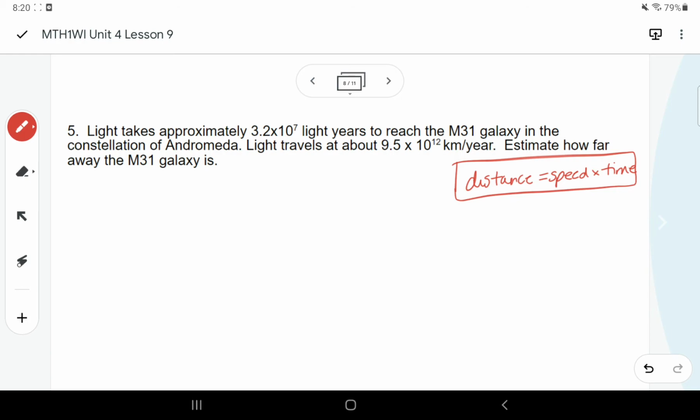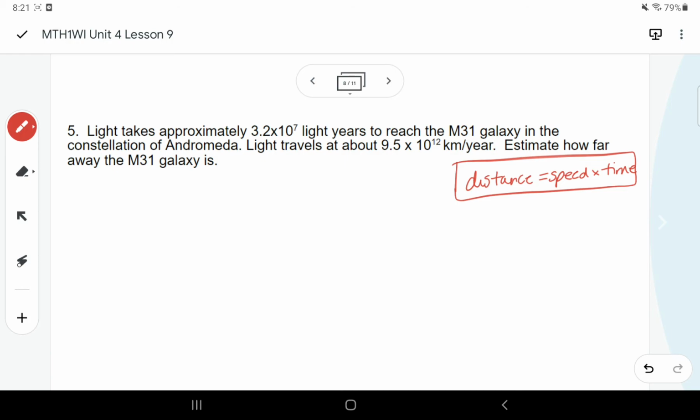But if I said, oh, you're jogging at 5 kilometers per hour and you jogged for 2 hours, how far did you go? I think everybody would be able to say, oh, I would go 10 kilometers. Or if I said your family was driving on the highway at 100 kilometers per hour and you drove for 4 hours, how far would you go? You drove 400 kilometers because you do the 100 times 4 hours. So that's what we're kind of doing.